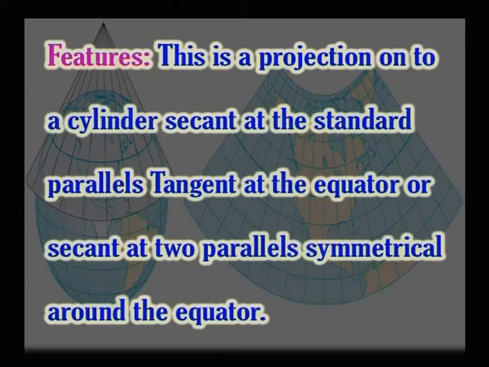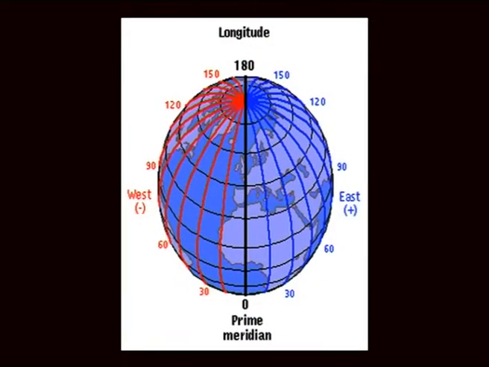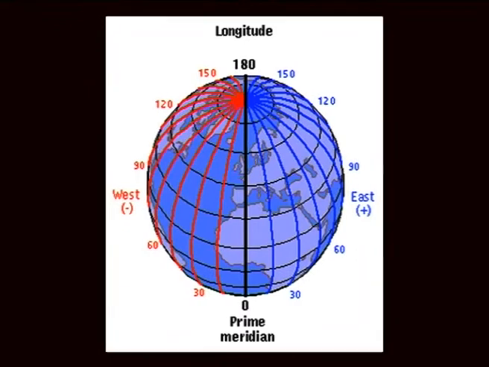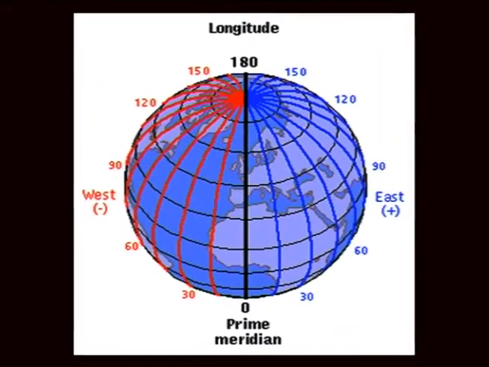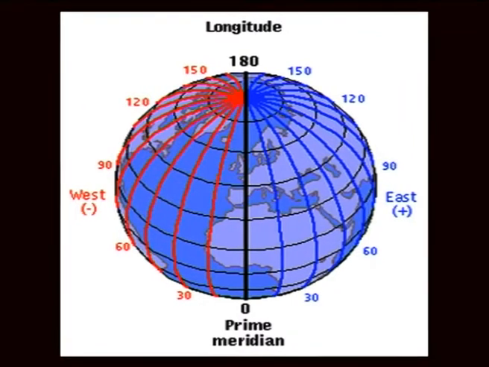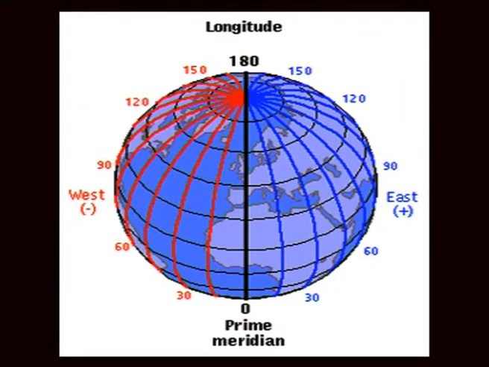The main features of equidistant projection. This is a projection onto a cylinder secant at the standard parallels, tangent at the equator or secant at two parallels symmetrical around the equator. Scale is true along all meridians, that is, it is equidistant, and the standard parallels are constant along any parallel.